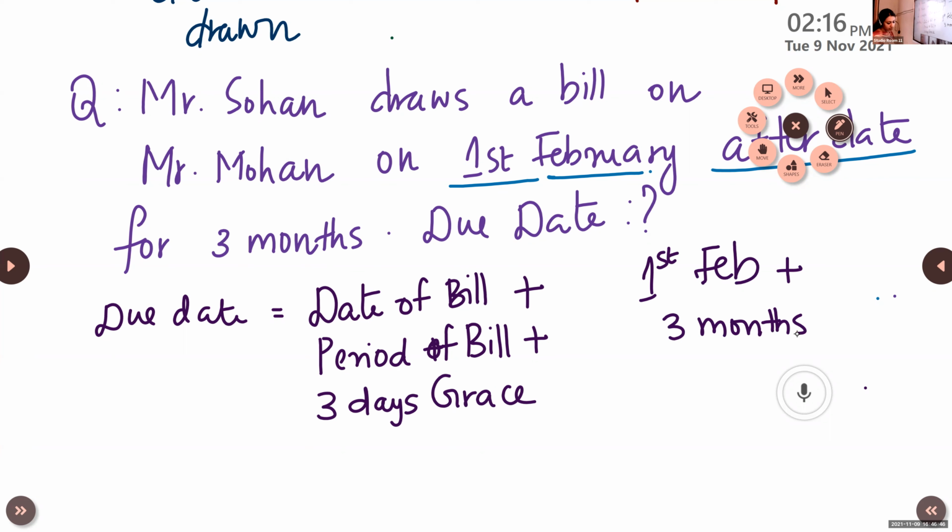After 3 months, what is the date that comes?